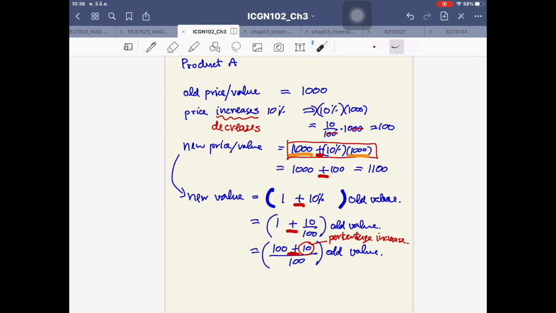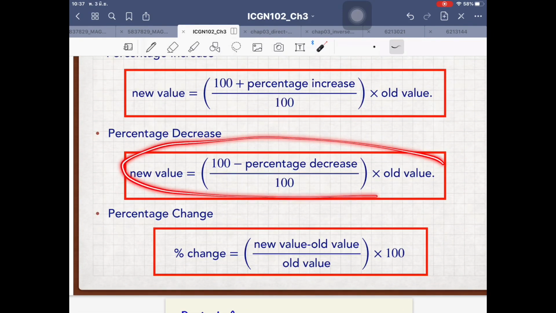So again, if the product is on sale or at a discount price, the new value will be 100 minus the percentage decrease, divided by 100, multiplied with the old value. It is just this formula.